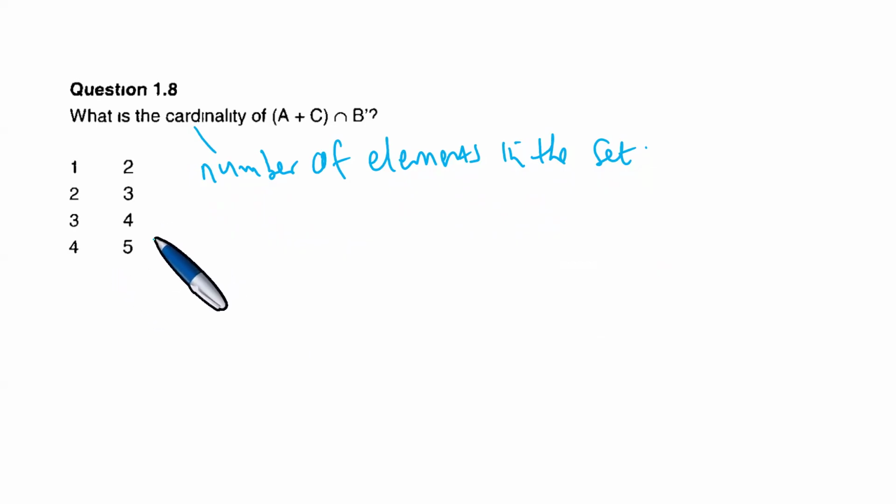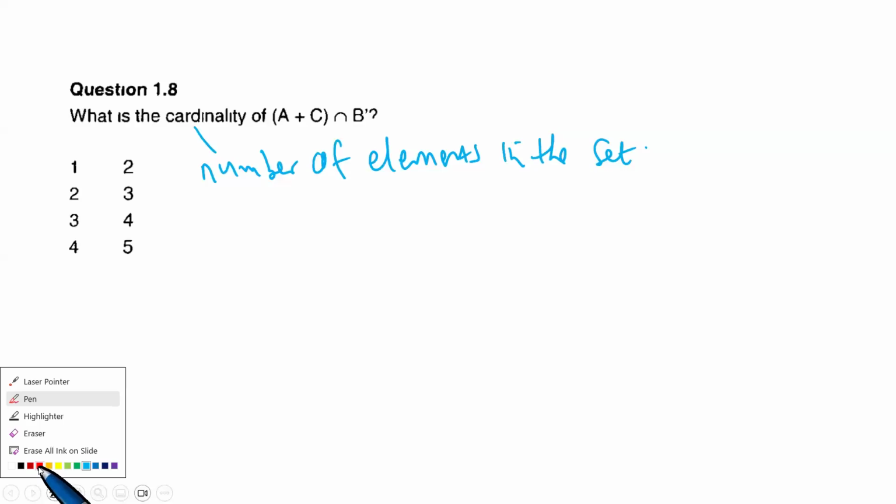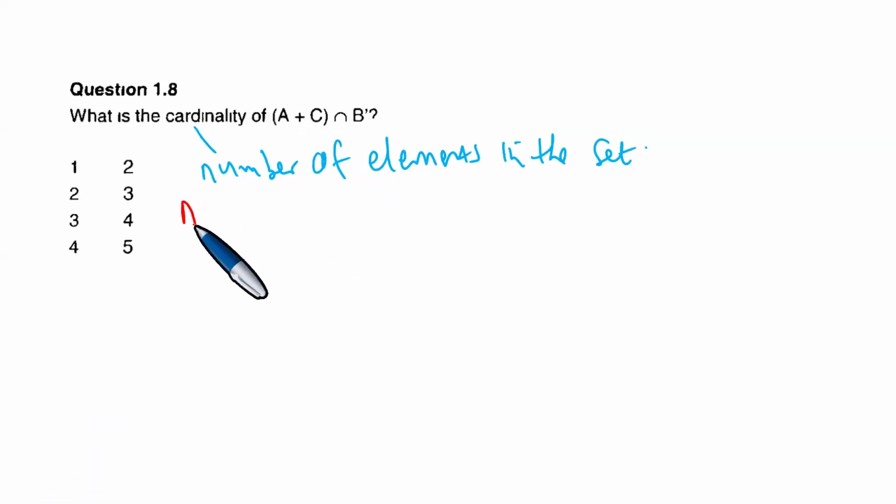So when you have A plus C, let us check this out. To discuss the cardinality here, we need to recall what A, B, and C were given us in the introduction of this question.